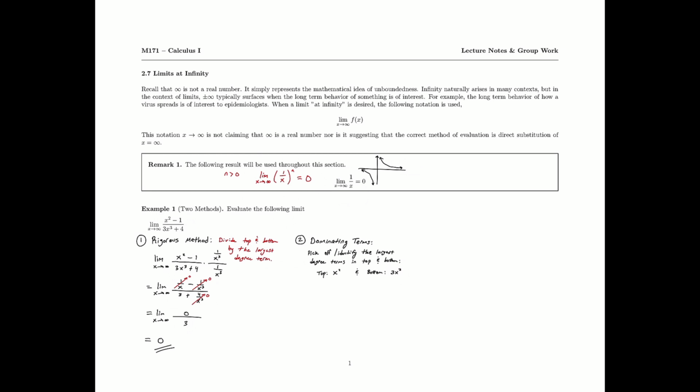If we divide everything by that, we're going to do the rigorous method, and with a lot of algebra we can get to the final answer that this is 0. Instead, for this quicker method, we identify the dominating terms. So these are called the dominating terms.